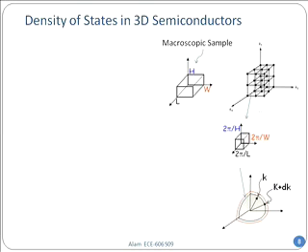So if you want to calculate how many states you have for a given energy range of delta E, what do you have to do? Well, that is what is being done on the rightmost corner on the bottom. What I have drawn here is two concentric spheres, one with energy E1 and another with energy E1 plus delta E. So you see it's just a shell of a sphere, right?